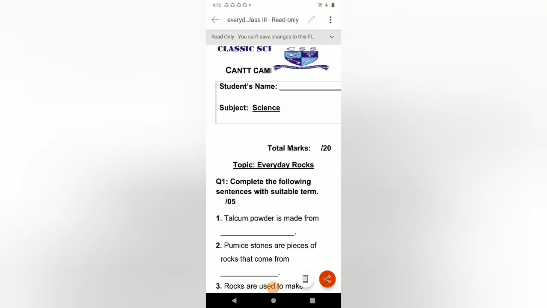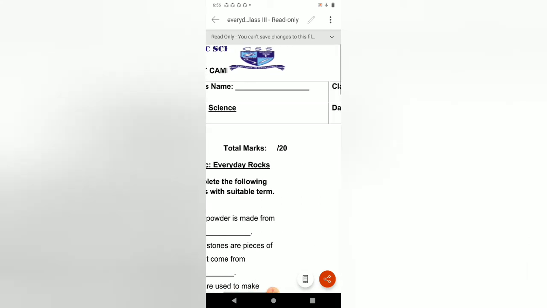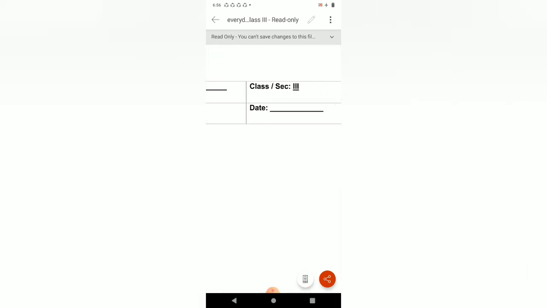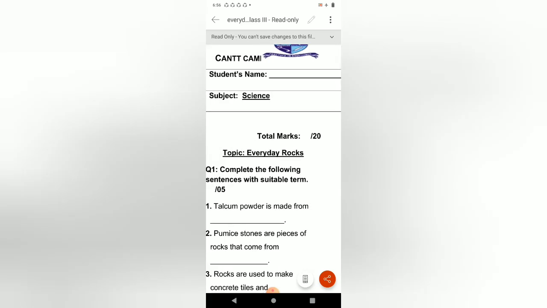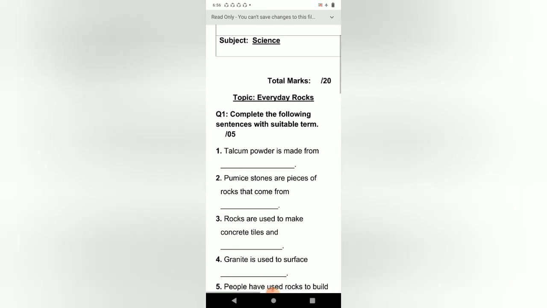Okay students, now we are going to solve the third worksheet of the same chapter, Everyday Rocks, of the third lesson. First of all, as you know, you have to write down the student name, section and date. First question: complete the following sentences with a suitable term. Talcum powder is made from talc.